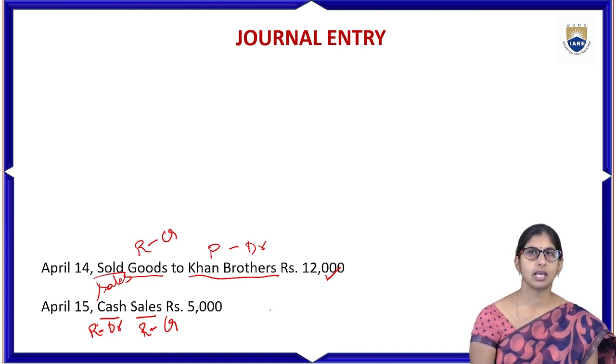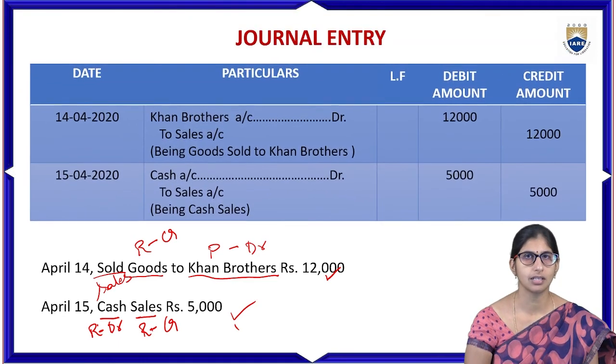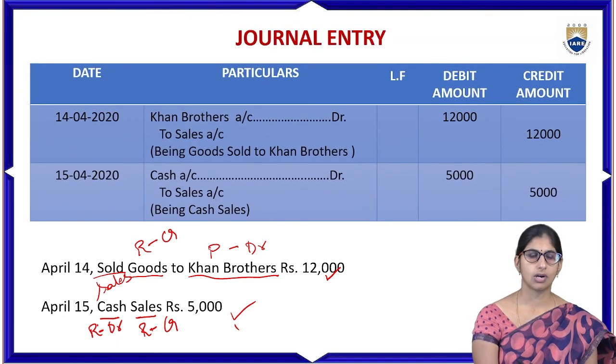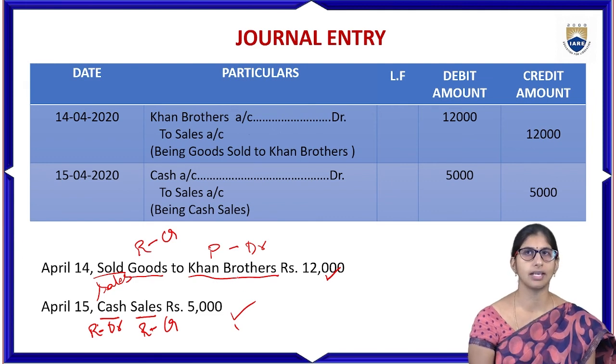Now let us see how the entries have been passed in the journal book. Khan Brothers account debit. As per our three rules of accounts, Khan Brothers is a personal account, so it has been debited. That is Khan Brothers account debit to sales account.